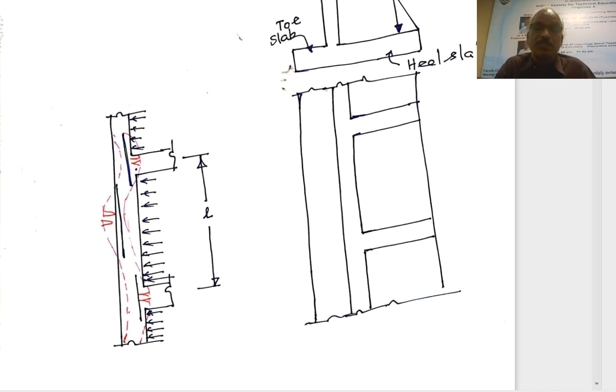At the counterfort section, at the section of supports, the tensile cracks occur near the backfill side. Therefore, the reinforcement again will be horizontal, but it is near the counterfort. So this is the behavior, location, and direction of the main reinforcement.